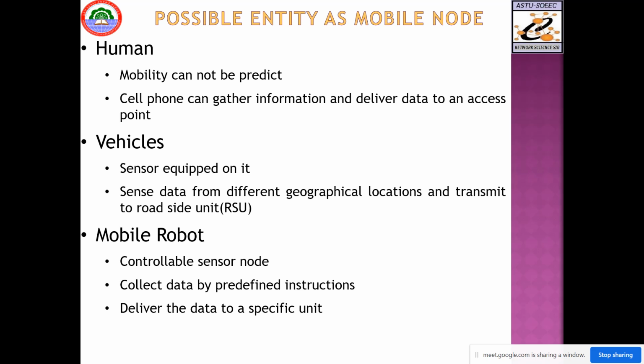These mobile sensors in the vehicles are going to sense the different data for the purpose for which they are deployed, and then the data is going to be sent to the base station, or in the case of a vehicular ad hoc network, we can call it a roadside unit.